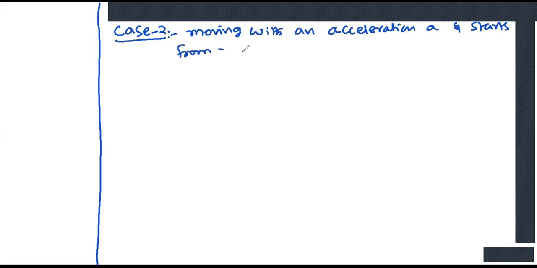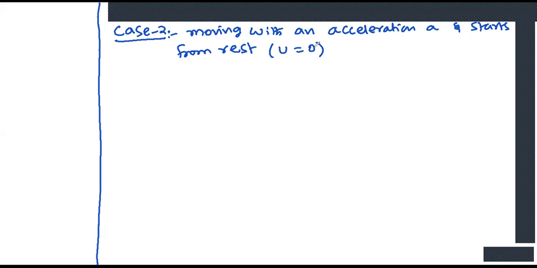Starts from rest, then what is the initial velocity? 0. Okay, fine.